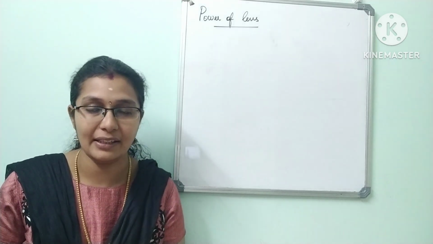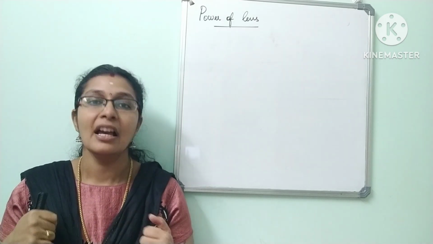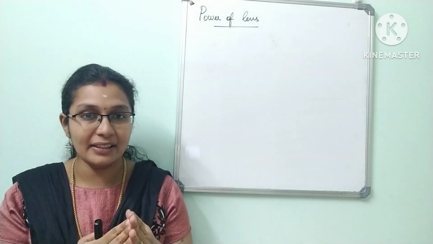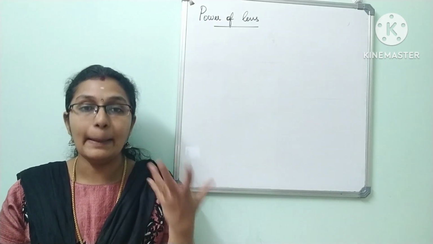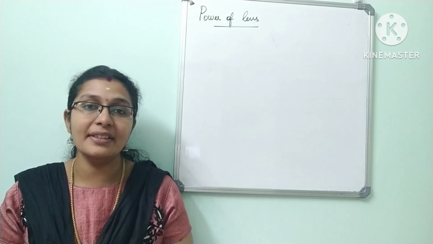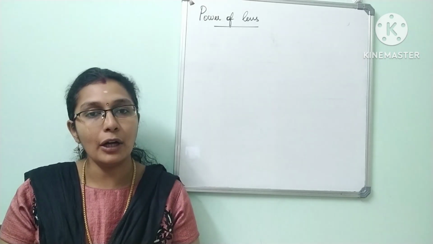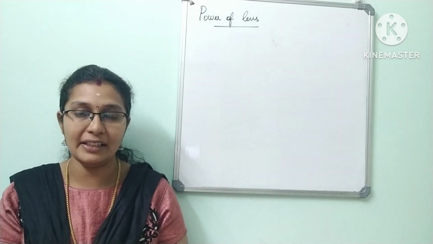You are able to understand, right? Convex lens converges light and concave lens diverges light, right? So the ability of the lens for convergence and divergence of light rays falling on it based on its focal length is called power of lens.